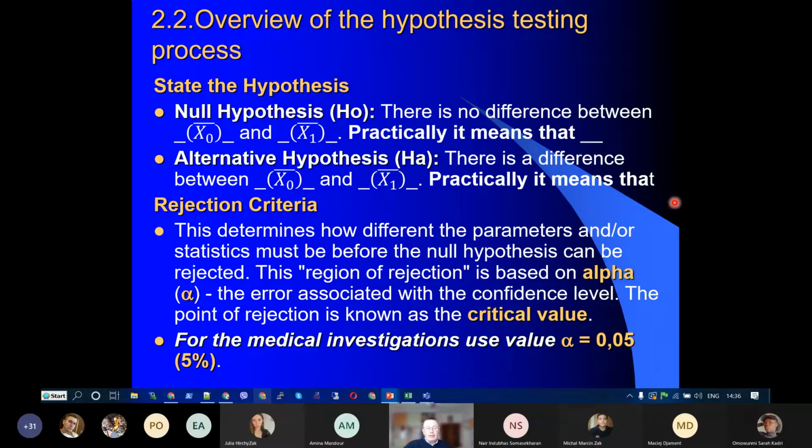And the rejection criteria determine how different the parameters must be before the null hypothesis can be rejected. This rejection criterion is based on the alpha level, which is associated with the confidence level. Typically the largest allowed value is used, still 5%. But practically we are looking for a smaller critical value, like 1% or even 0.1%.